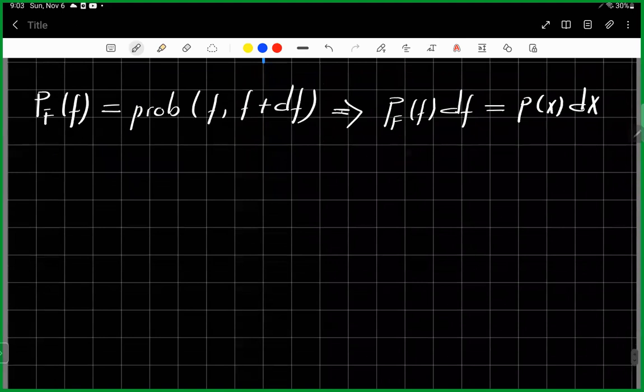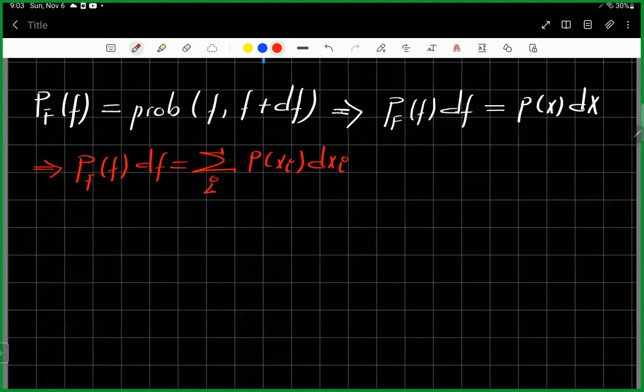Now, I can say the following. The probability of the function f times df is just, I can approximate it by the sum over i of the probability of xi dxi.